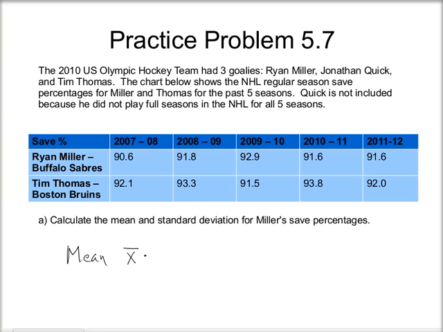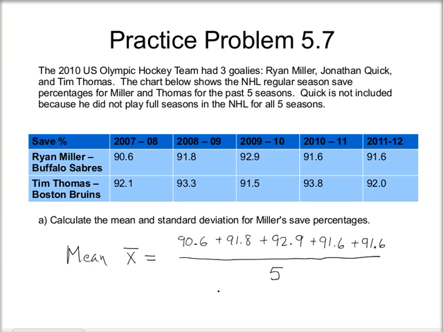That's denoted by x bar, and to find that, we're going to add together all of his save percentages: 90.6 plus 91.8 plus 92.9 plus 91.6 plus 91.6, and divide that by the number of observations, which is 5, because we're looking at 5 seasons here.